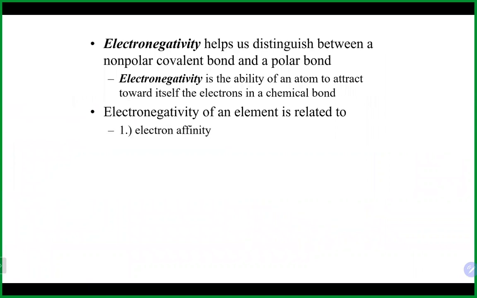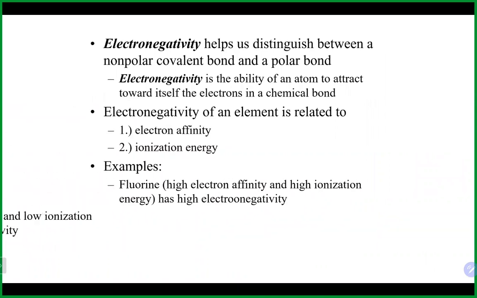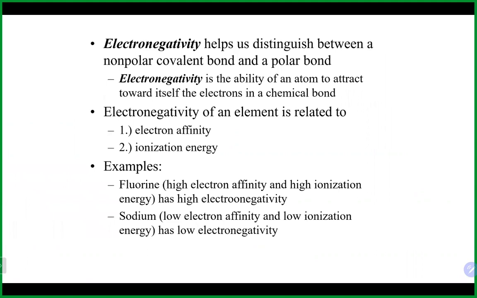So how do we really know whether we are going to get equal sharing of electrons or unequal sharing of electrons? Once again, as I mentioned, it is really the electronegativity values that we look at to help us decide that.